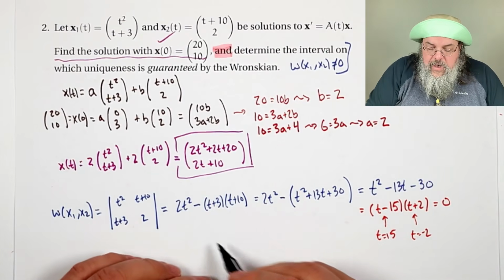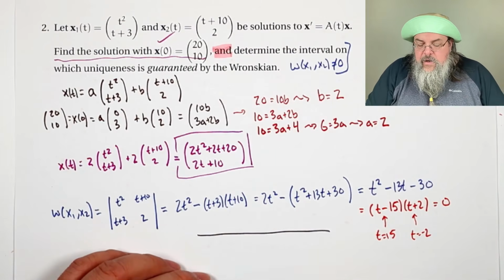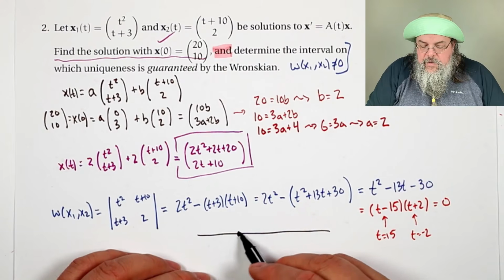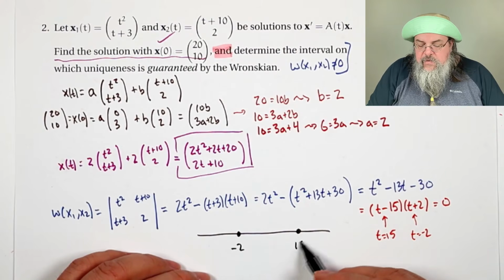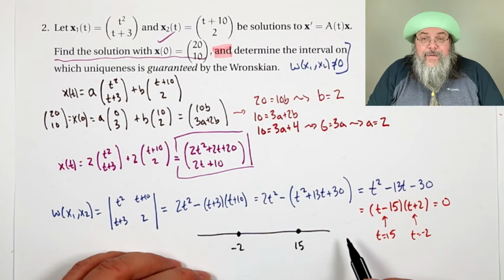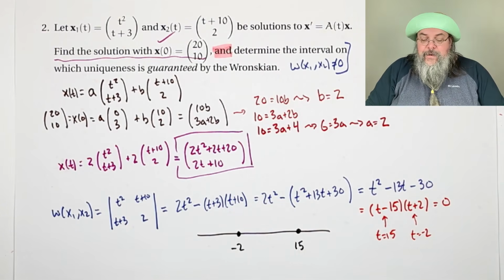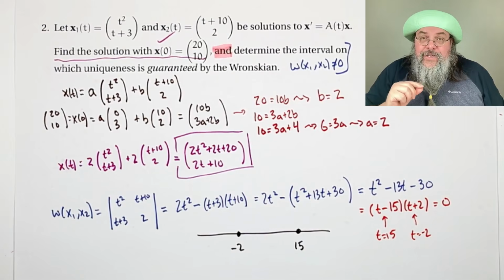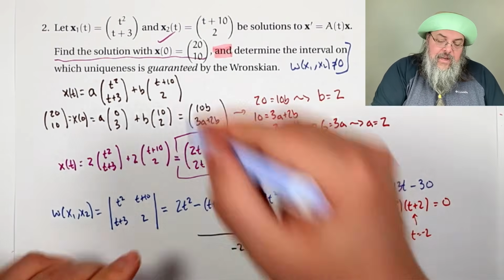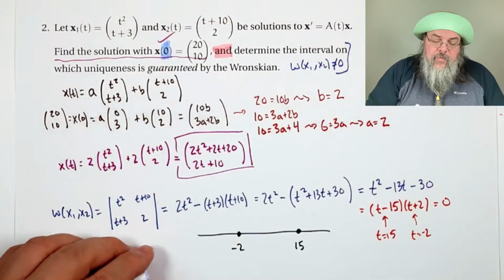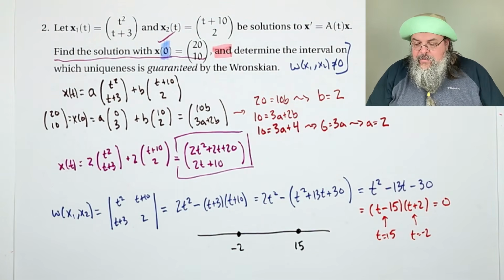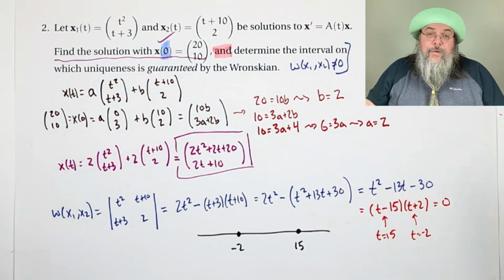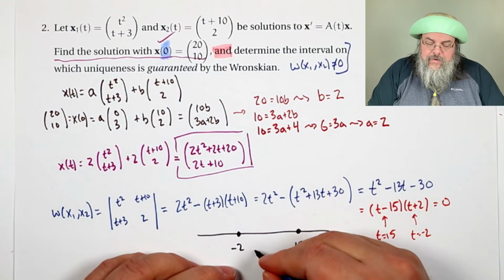So let's be careful. We've split up our interval, the real numbers, into 3 pieces. So we have a negative 2 and a 15. Which piece do we care about? For that, we have to look at where our initial condition is. Our initial condition is at 0, right? Because we were talking about x of 0. Since we're at x of 0, where is 0 in our diagram?